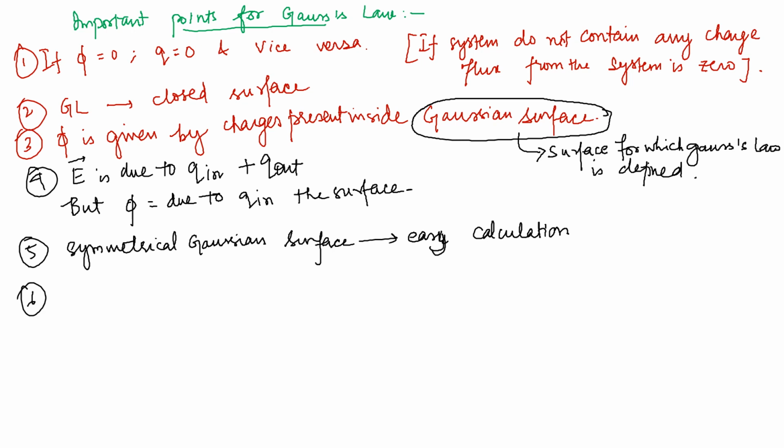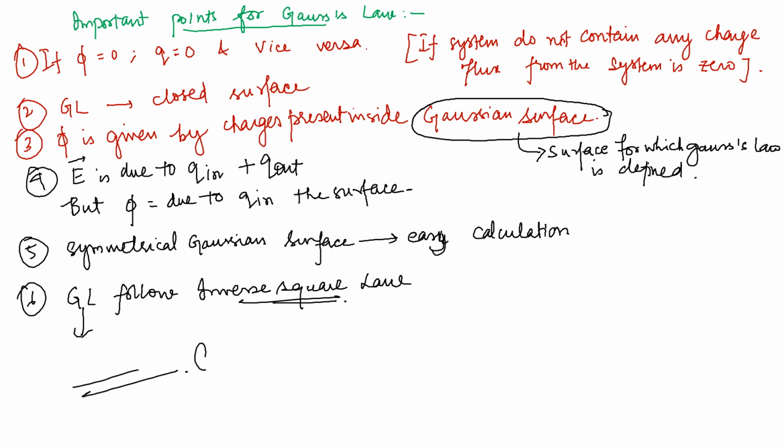And then the last and the most important, Gauss's law follows the inverse square law, which is very much important. If something is not going according to Gauss's law, we can say that it is deviating from the inverse square law too.